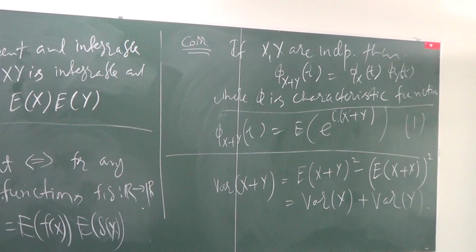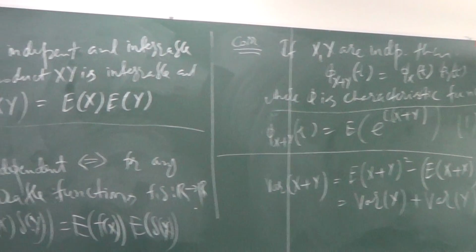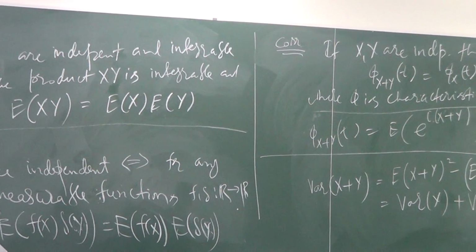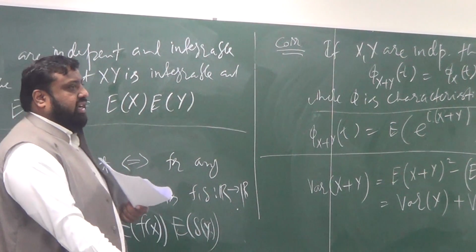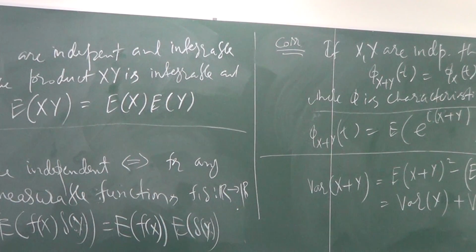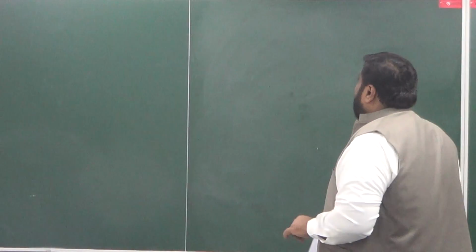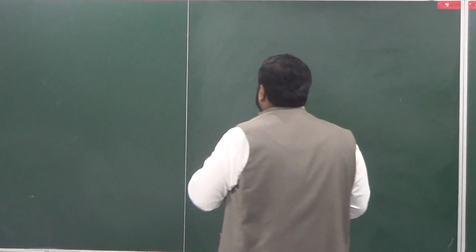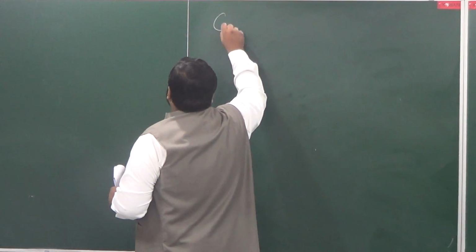Have you heard of covariance? Yes. Okay, so what is covariance? It tells you how two random variables are related to each other. Are they positively related, negatively related? One is increasing, other is decreasing. What kind of relation? You can know it through the covariance. And what is the definition of the covariance?